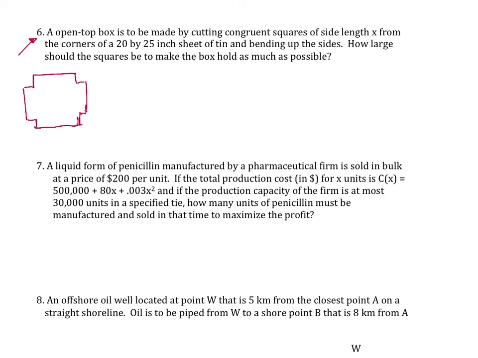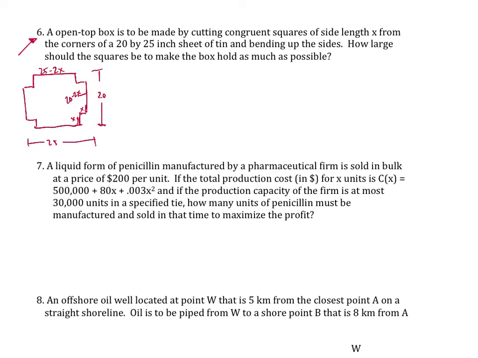And what I'll end up with, it says it's 20 by 25. So if this is 20 all the way like this, and this is 25 all the way like that, and I know that this is x by x, well, the length of this piece will be 20 minus 2x, and the length of this piece will be 25 minus 2x.